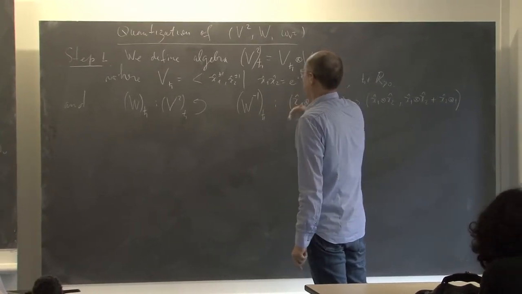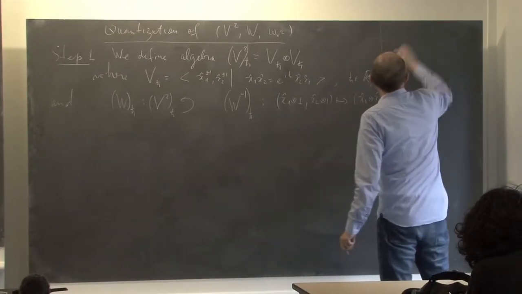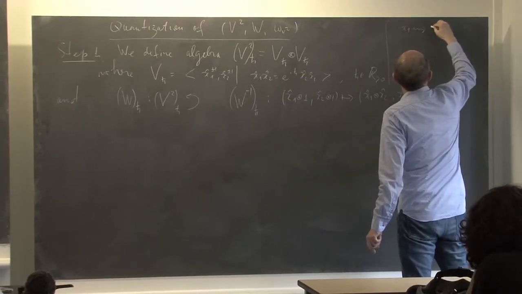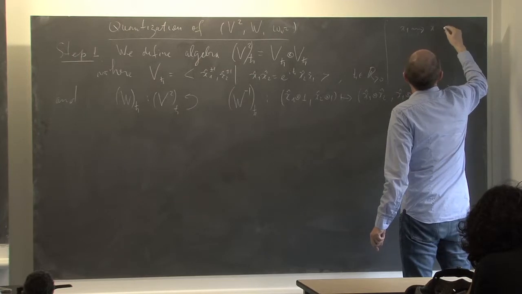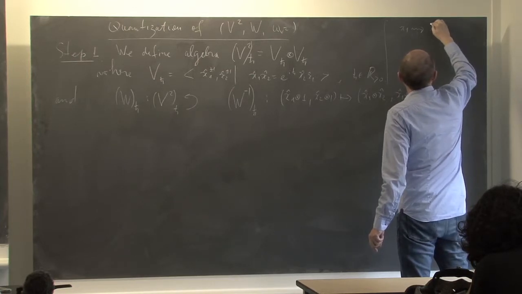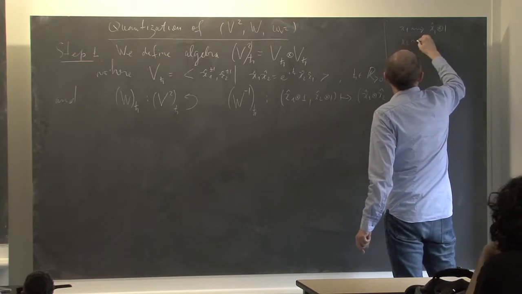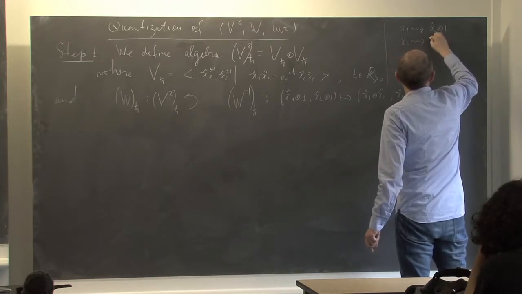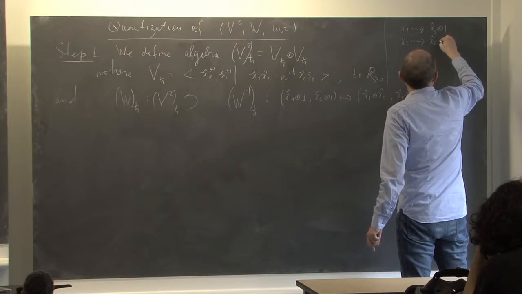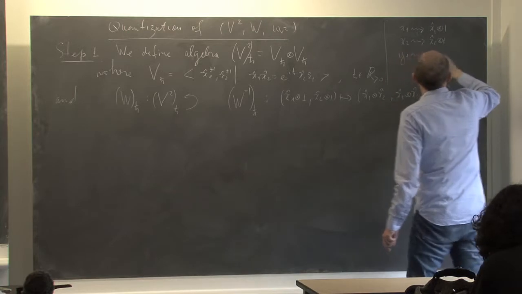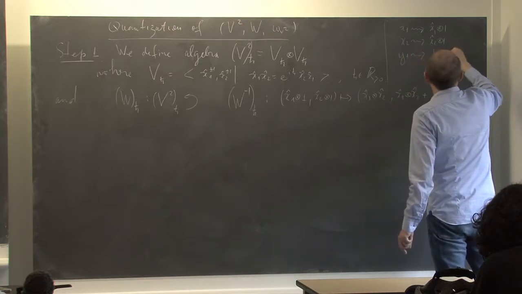Yeah, so here maybe I should say that x1 gets quantized to x1 hat tensor 1, x2 gets quantized to x2 hat tensor 1, y1 gets quantized to 1 tensor x1.